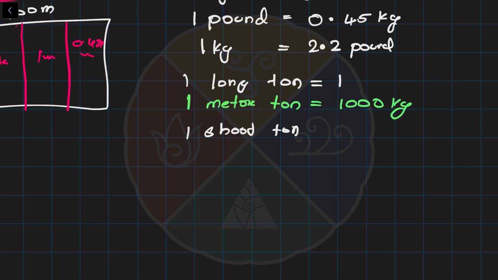It is going to be 1.016, or 1016 kgs, and 1 short ton is going to be around 892 kg or 900 kg, something like that.